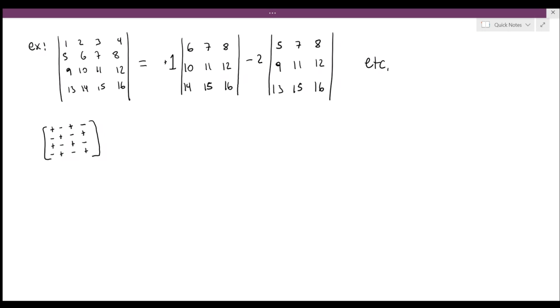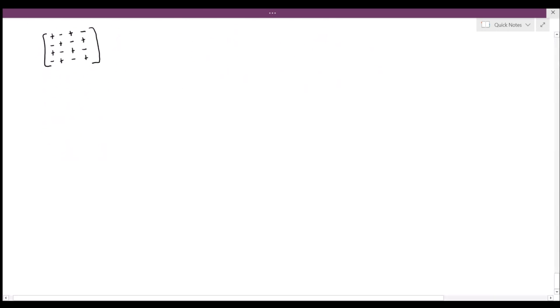And this method is probably, for us, going to be the quickest and most efficient way of getting the determinant of larger matrices.